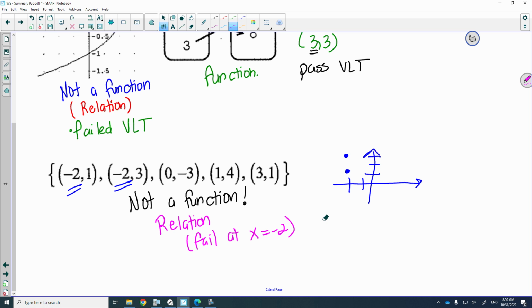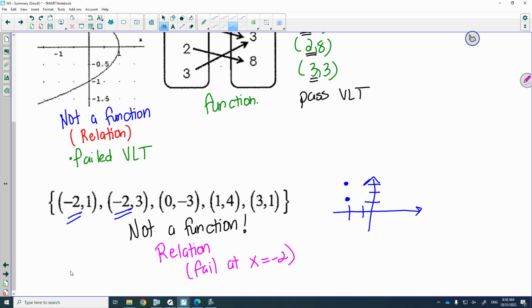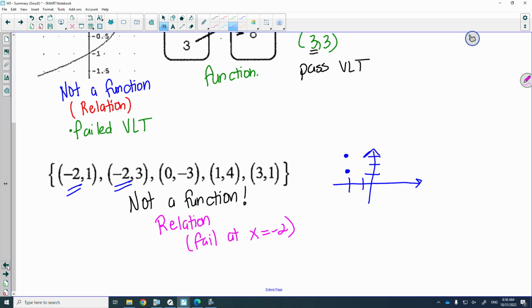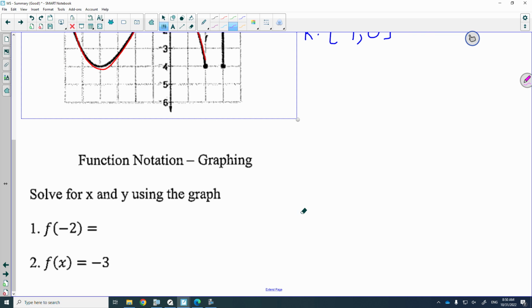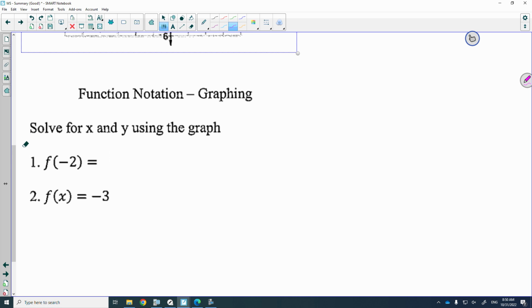Oh, you know what I realized? Sorry. I know you'll have to know this. I realized I missed this down here. Take a minute and answer these two questions. What's f of negative 2 on this graph? And when f of x is negative 3, what's x?